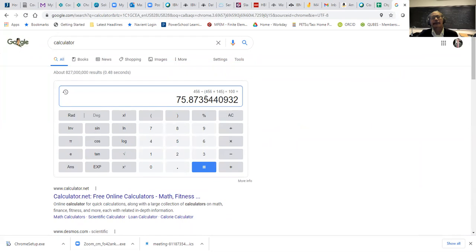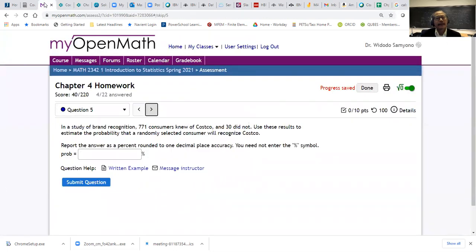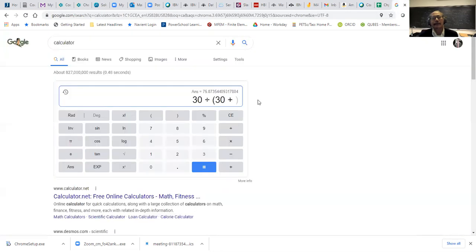So you have 30 divided by the total, which is 30 plus 771, close it, and then times 100%.